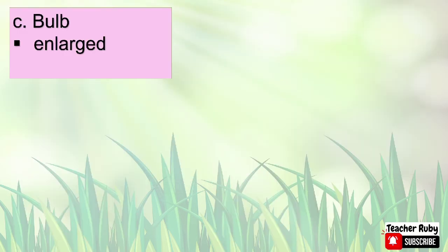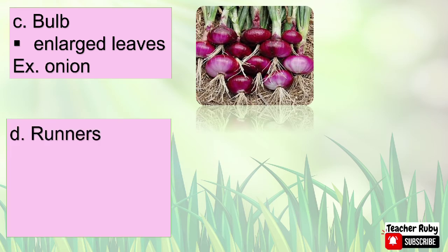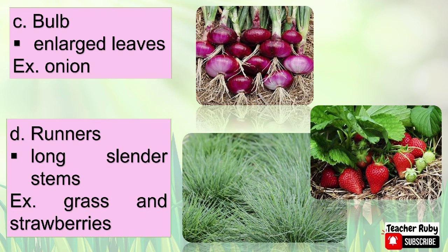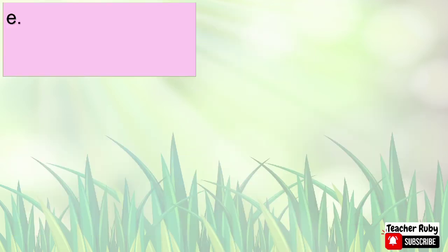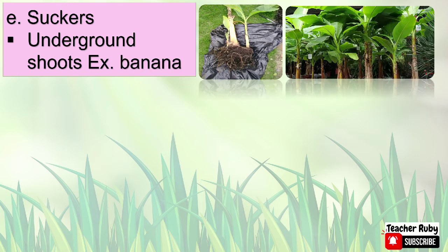Next is bulb, enlarged leaves, example, onion. Another kind, runners, long, slender stems, examples, grass and strawberries. Another one is suckers, underground shoots, example, banana.